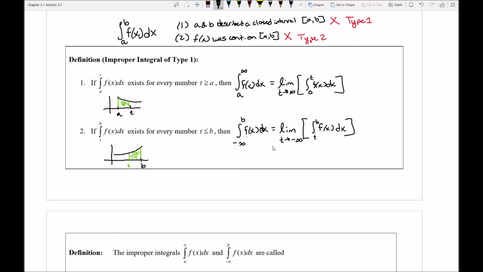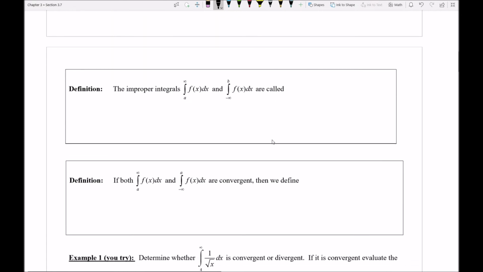Now, I can also kind of combine these two types of integrals together to get something that goes from negative infinity to positive infinity. But let's see how that works down below. First, before we get there, I'll go ahead and define some other pieces of terminology. I'll say that if these integrals here are actually going to exist, then they are going to be called convergent.